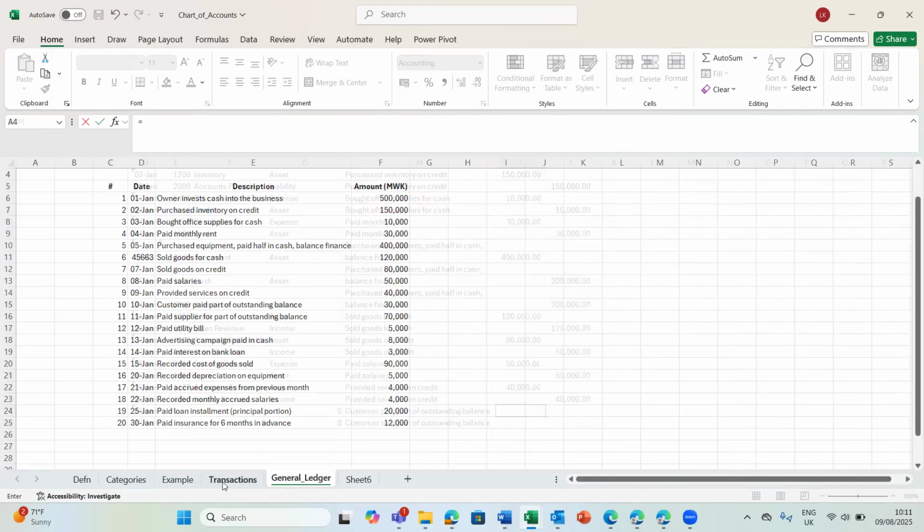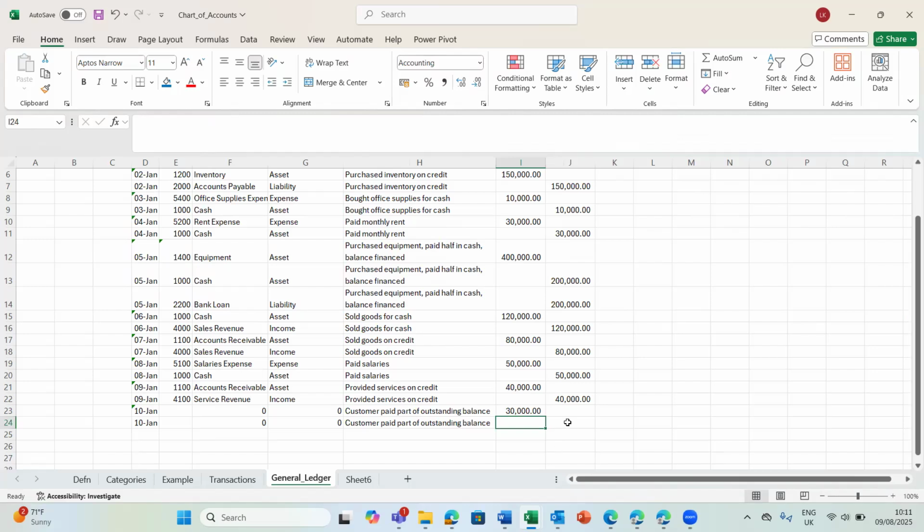Okay. So where is the 10th? We have 30,000, another 30,000. So if a customer paid part of the outstanding balance, what do we debit? It means we received that 30,000, right?